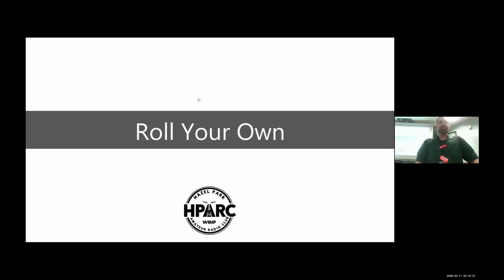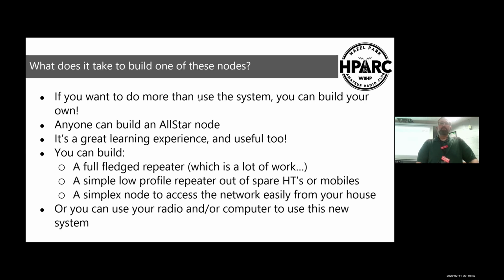So if this has piqued your interest and you say, hey, I want to set up my own node, if I'm either at home or up north or wherever, you could actually build your own node. Essentially it's analogous to a cordless phone. So you'd have your hotspot at your house. You can take your radio, key up on that hotspot frequency, and connect to the Allstar network anywhere that you have internet access.